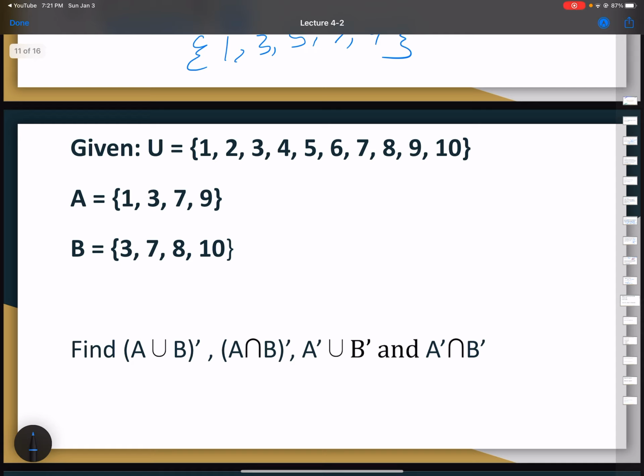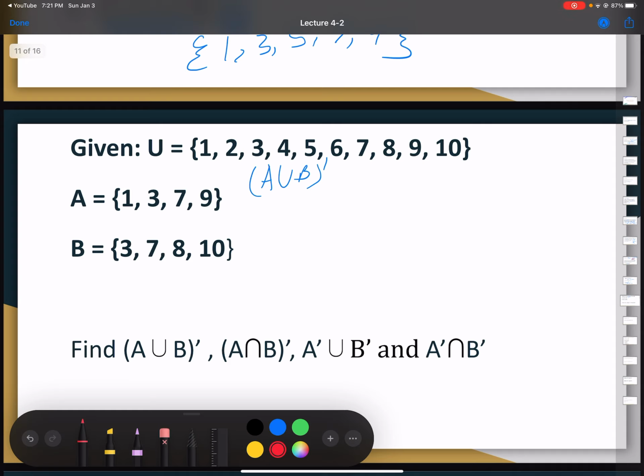So now, let's do a couple challenging problems with everything we've learned. Given the universal set 1 through 10, we have an A and B set. Find, first, A union B complement. And we do this exactly how we would do regular math.